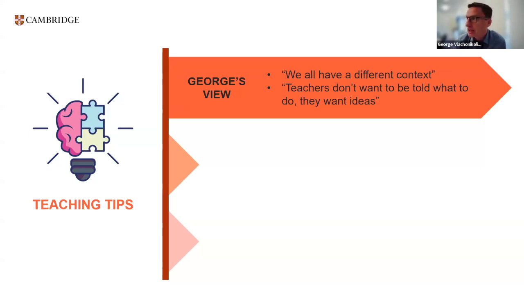But it also might be, I work in a very central city centre school. Some of you might work in rural areas. Some of you might work in incredibly rich schools that have access to all of the modern devices, interactive whiteboards, iPads for all students, and others won't. We all have incredibly different contexts to each other.